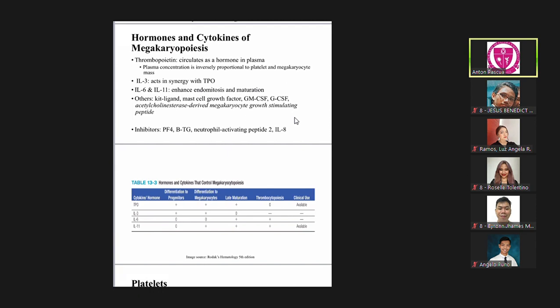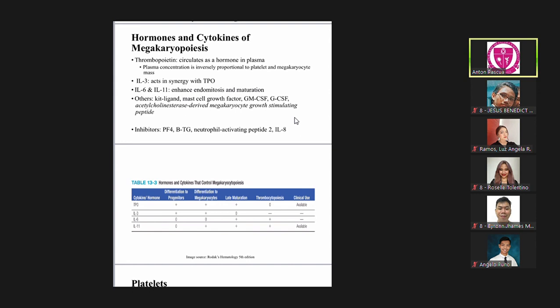Imagine niyo, kung wala si TPO, wala ring silbi ang mga interleukins na yan. Kaya we said na TPO is the primary control mechanism for your platelet count. Okay? So again, interleukin 6 and 11 acts in the presence of thrombopoietin, so you can further enhance endomitosis and the maturation of your cell.